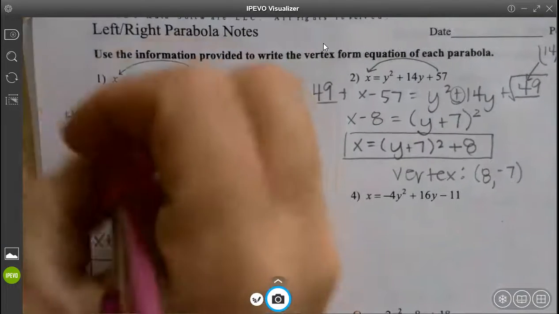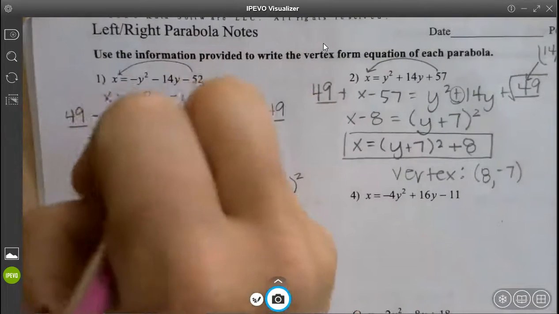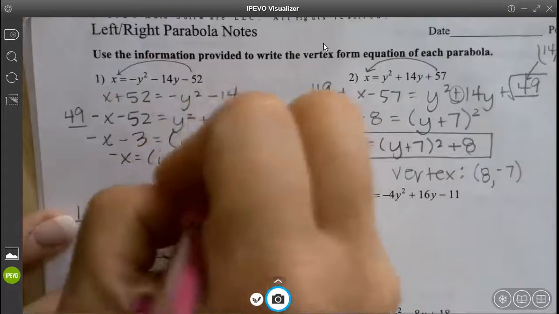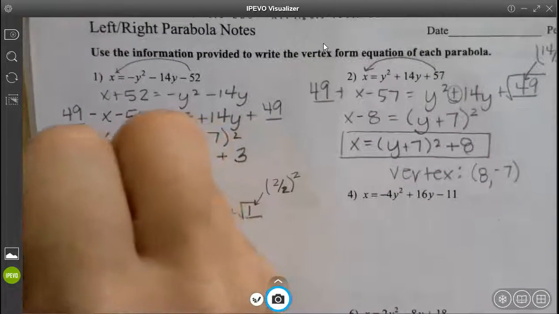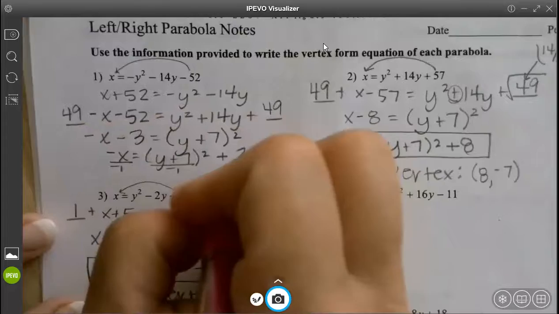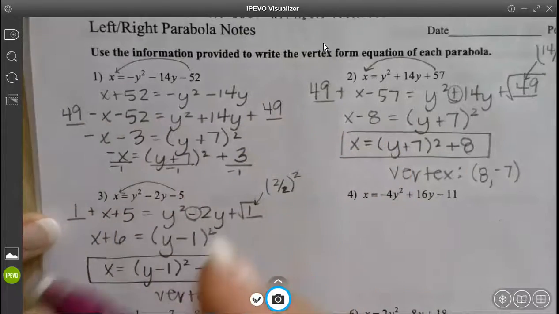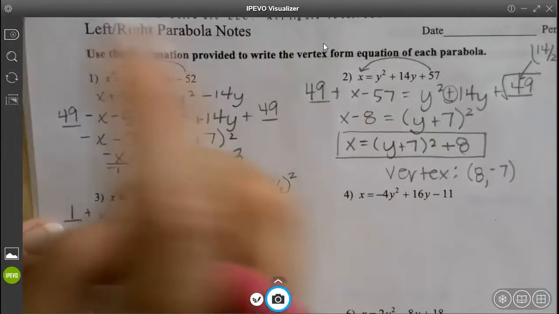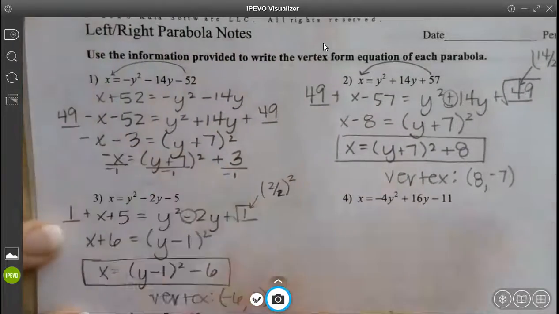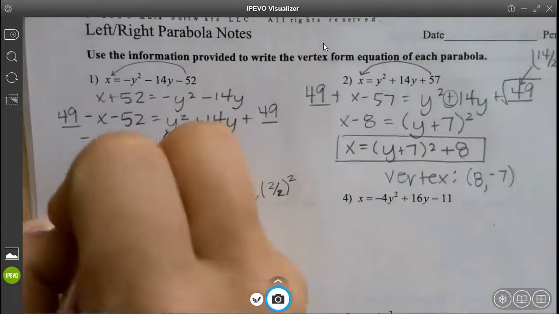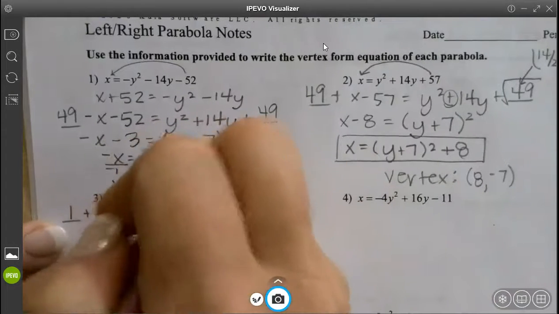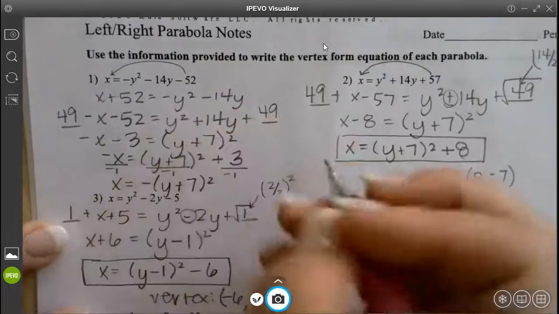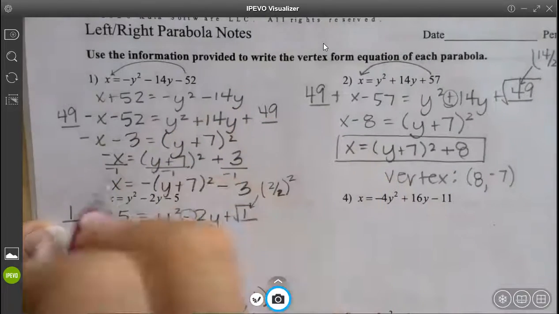You're going to move your 3 over by adding it. And then the last thing you're going to do is divide by that -1. Divide everything by -1. Let me get this out of the way so you guys can see. That gives you a positive x equals. We're just going to put the negative in front. Y plus 7 squared minus 3.